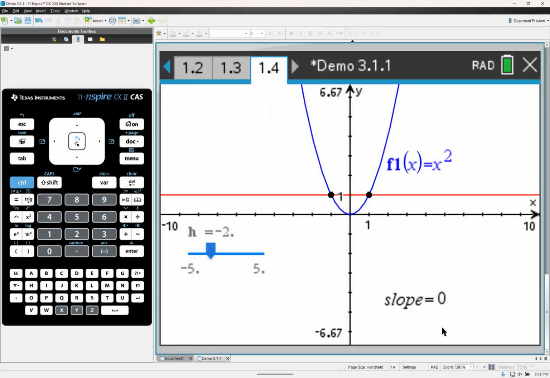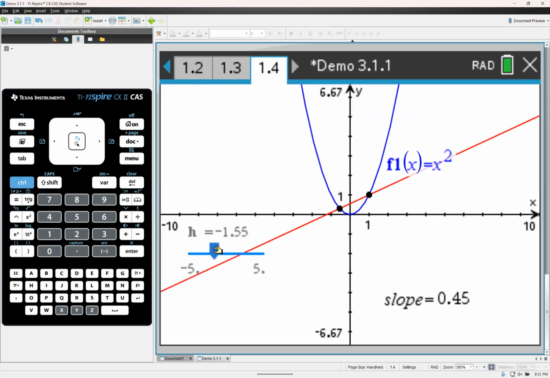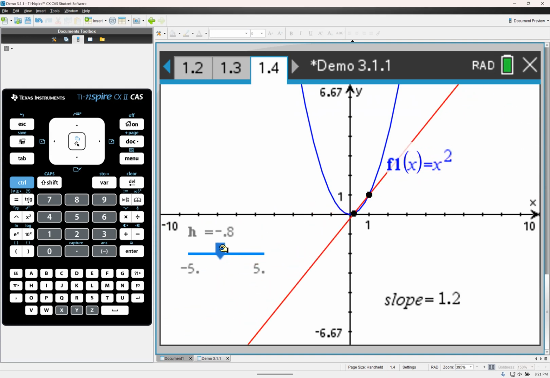Great. When I move this slider, I can move it very discretely until I get those two points really, really close. And the closer I get, the better the estimate is of the slope. So when they're almost on top of each other, it looks like that slope is hanging right around 2.